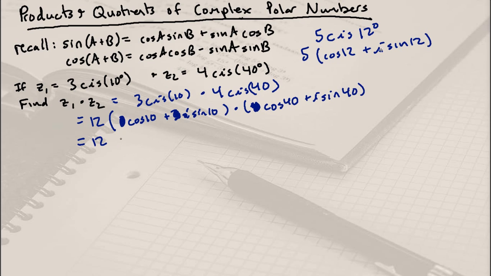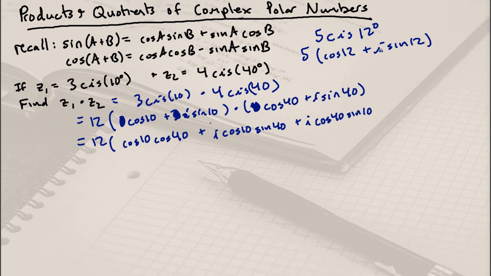All right, now I'm going to multiply this out. This times this gives me cosine 10 cosine 40. Then cosine 10 and i sine 40. And then this times each of those, so plus i cosine 40 and sine 10.